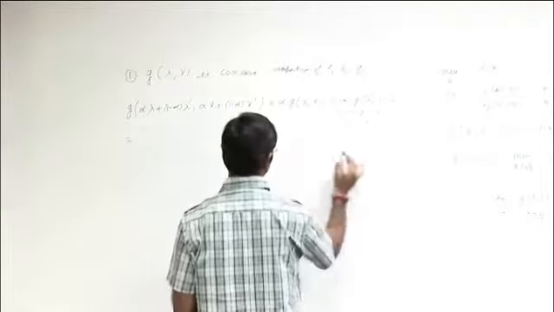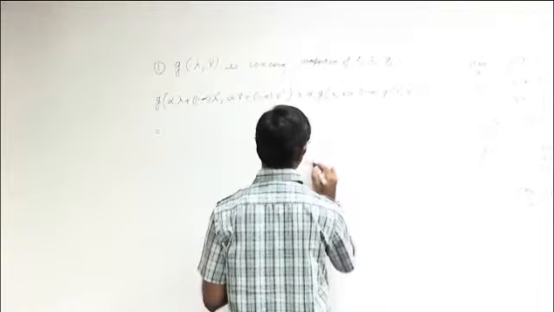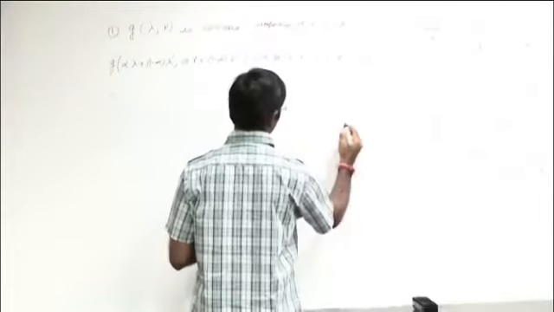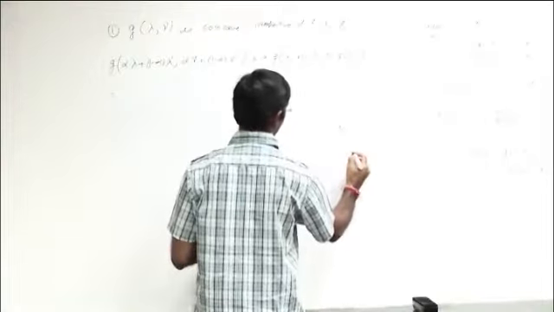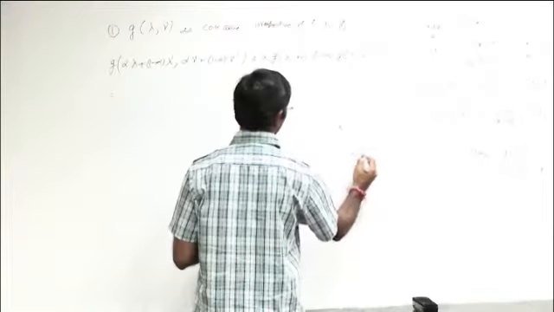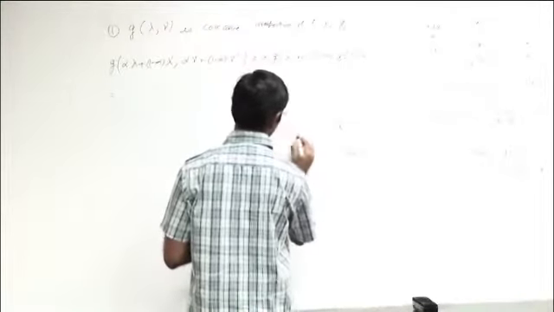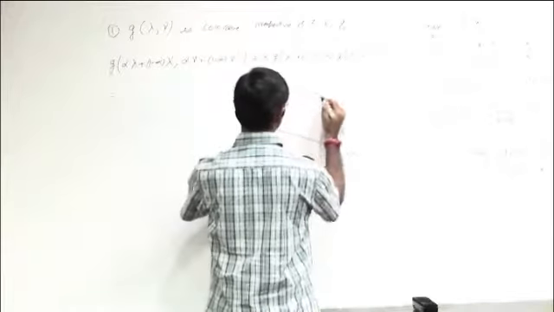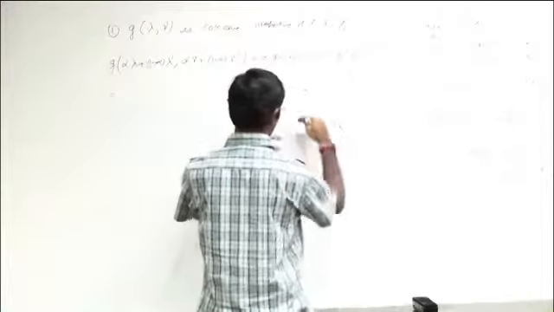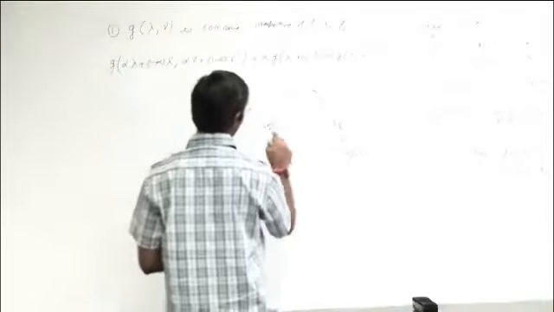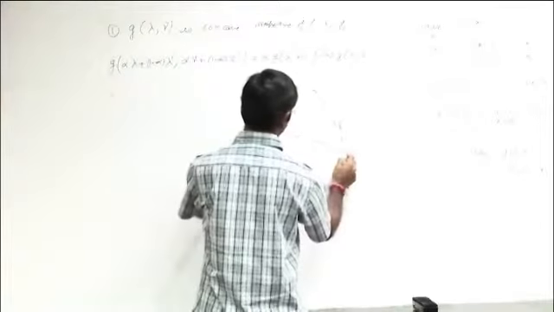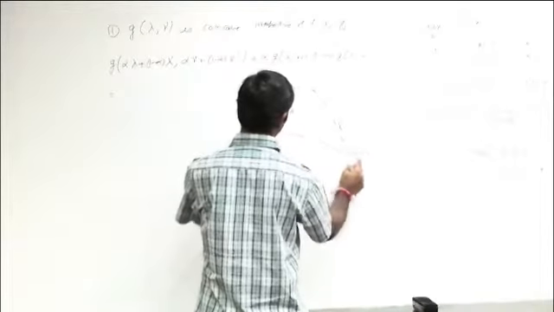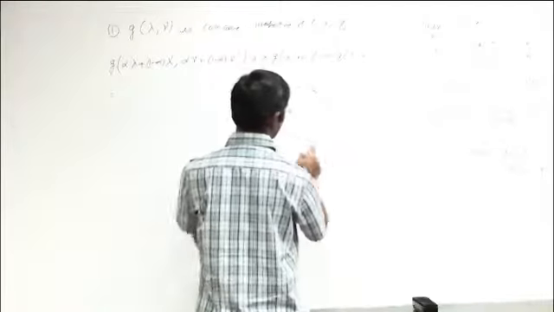Pictorially what it means is, this is my point lambda, nu, this is some other point lambda prime, nu prime, and what I want to say is that on this line my function value is always larger than the function value that I obtain by interpolating my function values at these 2 points, right?